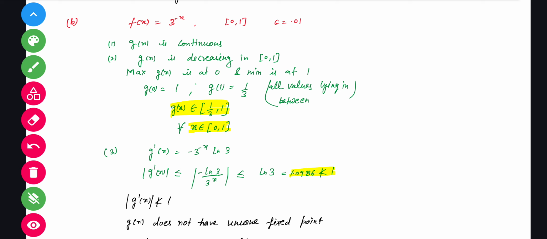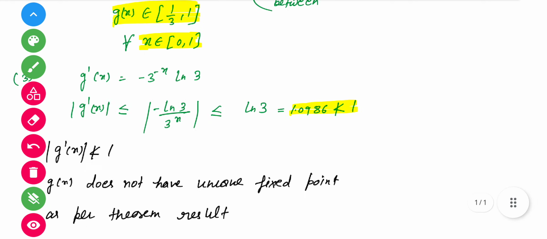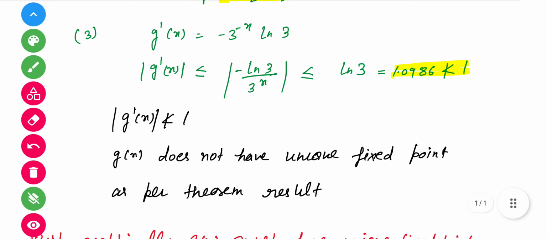It is continuous, and it is decreasing in (0, 1) because it is exponential to the negative power. And then we can directly prove this easily, but the third condition isn't satisfied in this case, because 3 to the power minus x has the derivative minus 3 to the power minus x ln of 3.